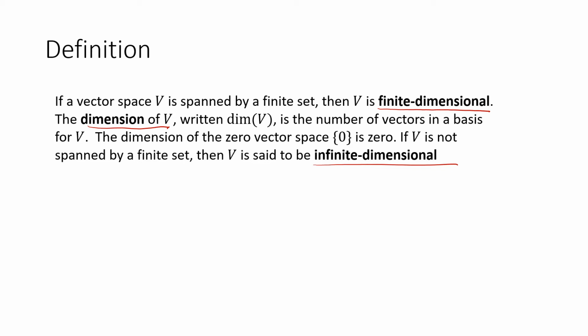But it is a vector space. It is an infinite dimensional vector space. We aren't focusing on infinite dimensional vector spaces, so that's a bit of an aside. We are working with finite dimensional vector spaces. And when you have a finite dimensional vector space, the size of a basis is called the dimension of the vector space.